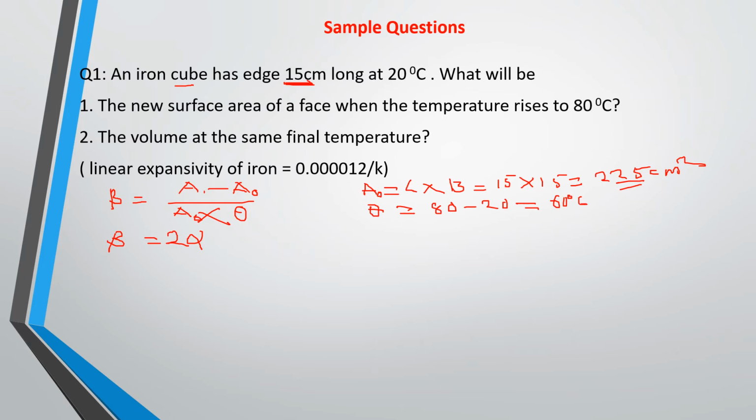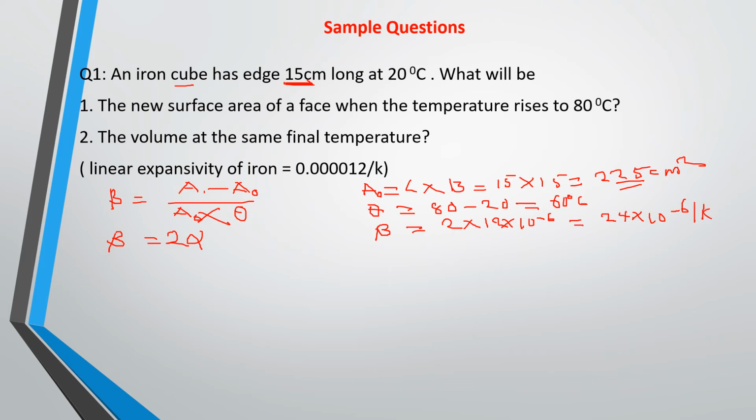Then we said that area expansivity is equal to 2 times linear expansivity, so it is equal to 2 times 12 times 10 raised to power minus 6. Okay, so by the time you multiply this out, you are going to have 24 times 10 raised to power minus 6 per Kelvin.